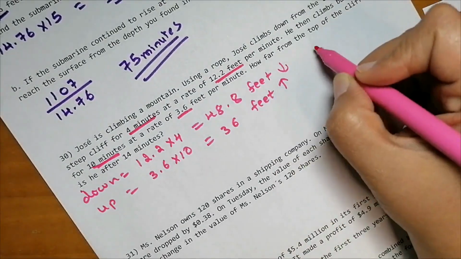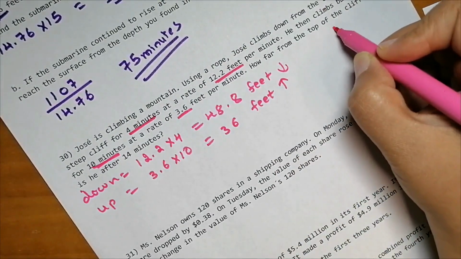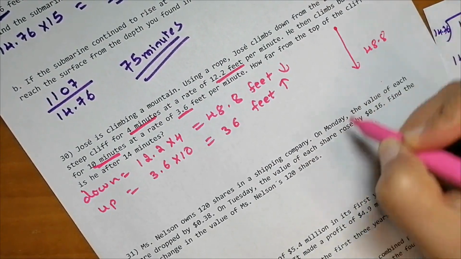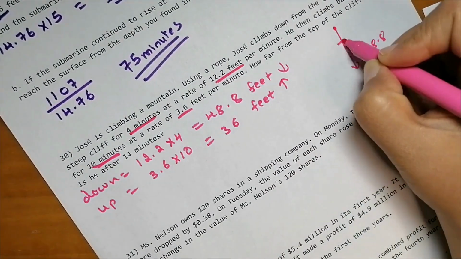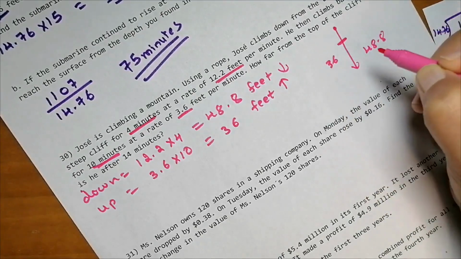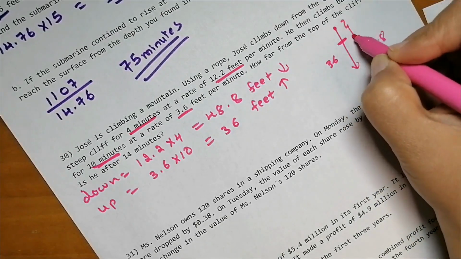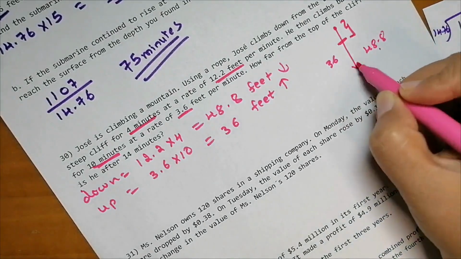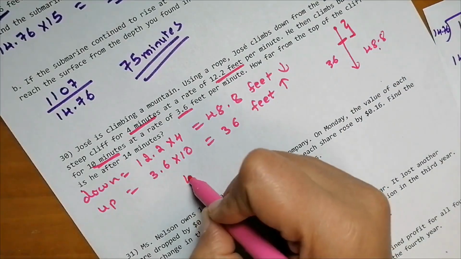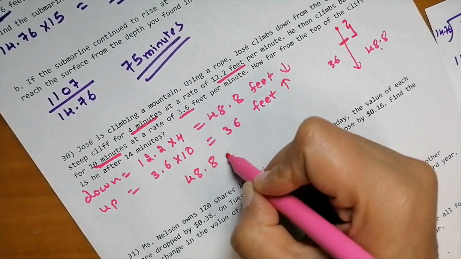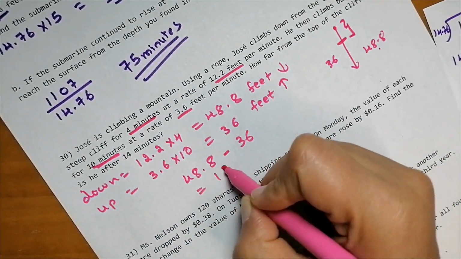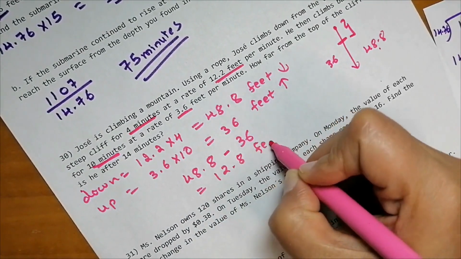So wherever he started, right? He started here. He came down 48.8 feet. Then he's going up only 36 feet. So how far is he? This is what we need to find. So we know that this minus this will give us the answer, right? So how far is he from the top? 48.8 minus 36, which is equal to 12.8 feet.